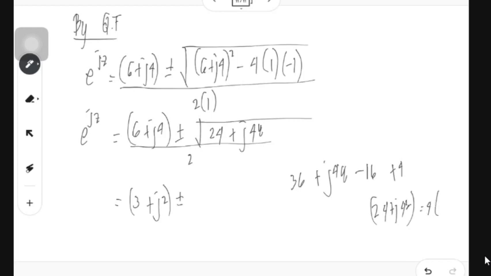So we have 4 times 6 plus j12. Wherein 4 is a perfect square. Square root of 4 is 2. So magka-cancel dun sa 2. Ang matitira na lang ngayon dito, square root of the quantity 6 plus j12.